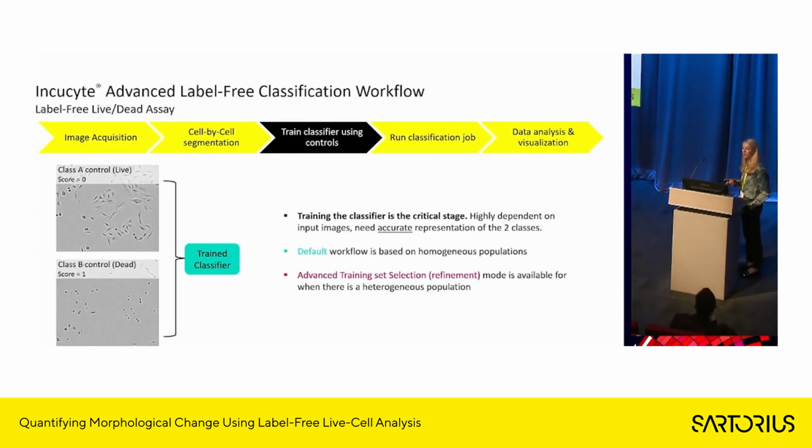If this isn't the case, for example, if you've only got 50% differentiation within your well, we need to be able to select certain cells within the image to train our classifier. For this, we can use the advanced training set selection or refinement mode. Although this is a little bit more time consuming, it has the advantage of giving you ultimate control over your training data set.